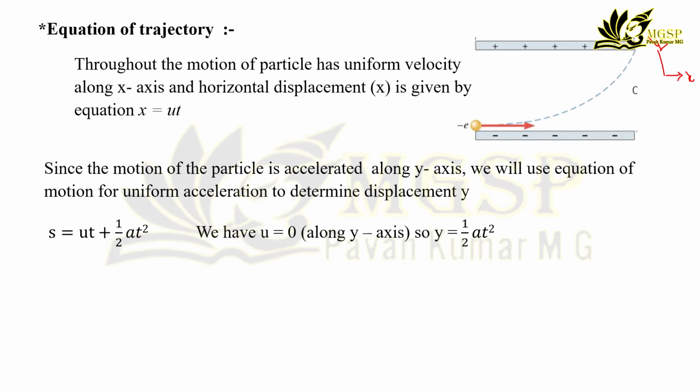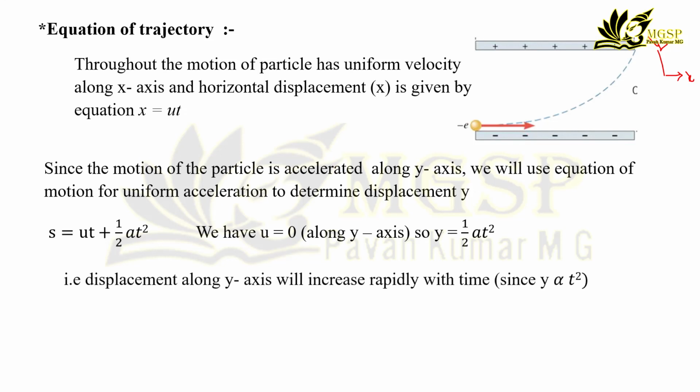Initially u is equal to 0 along the y axis, so y is equal to half at square. The displacement along y will increase rapidly with time. As this electron moves through the electric field, it gets accelerated rapidly. Displacement increases rapidly, that is y is directly proportional to t square.